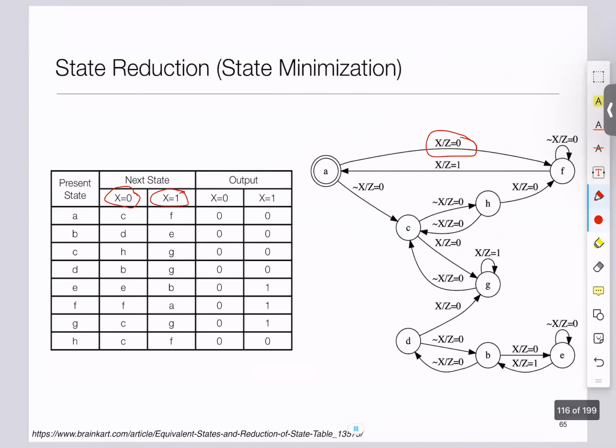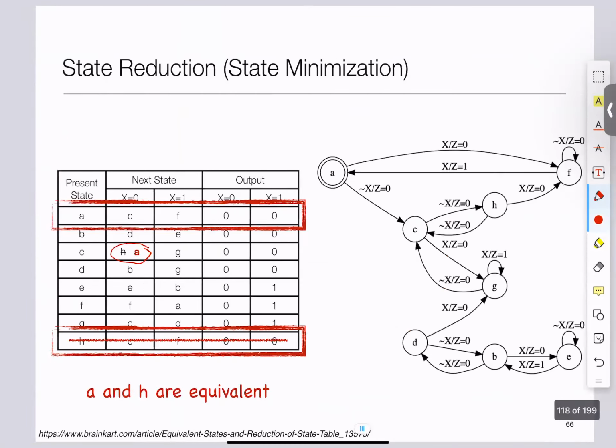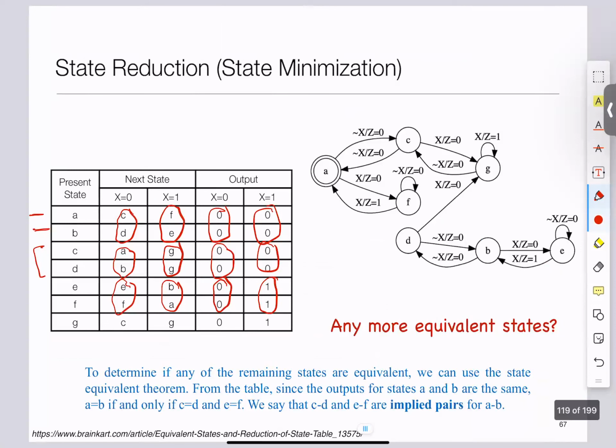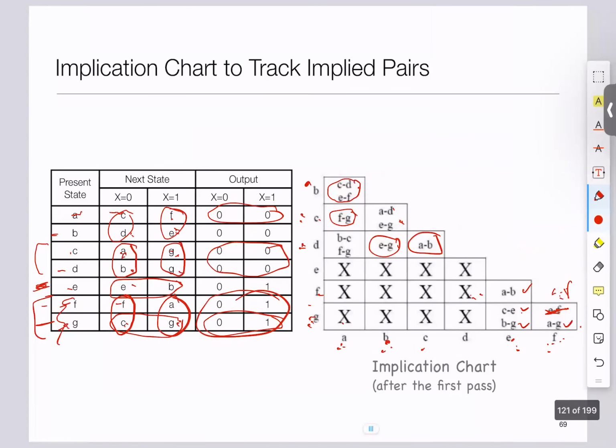So looking at this diagram, for E and G to be the same, E has to be equivalent to C and B has to be equivalent to G. And that's why we had this condition here.